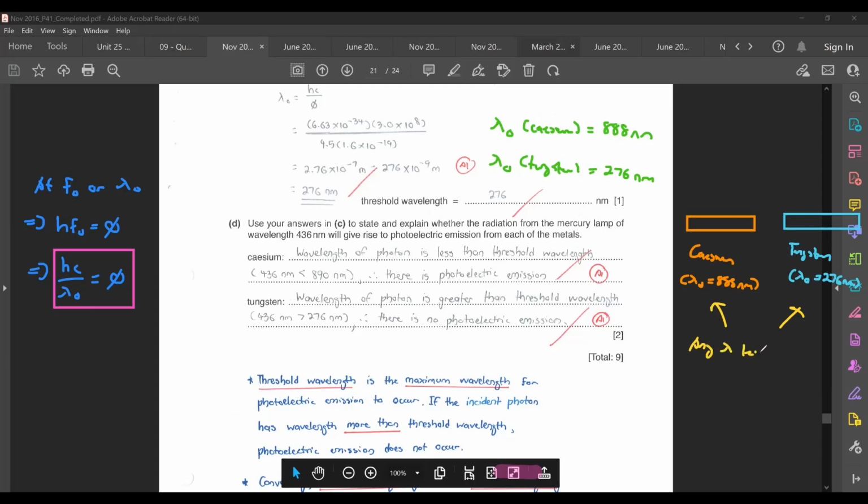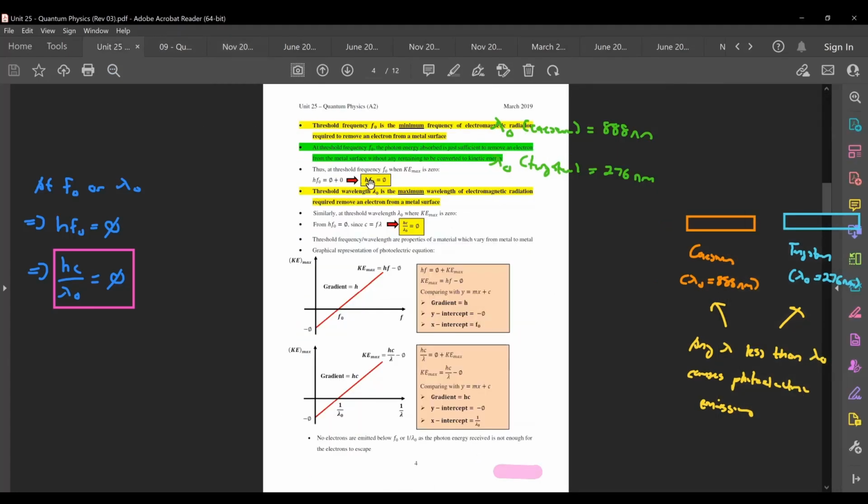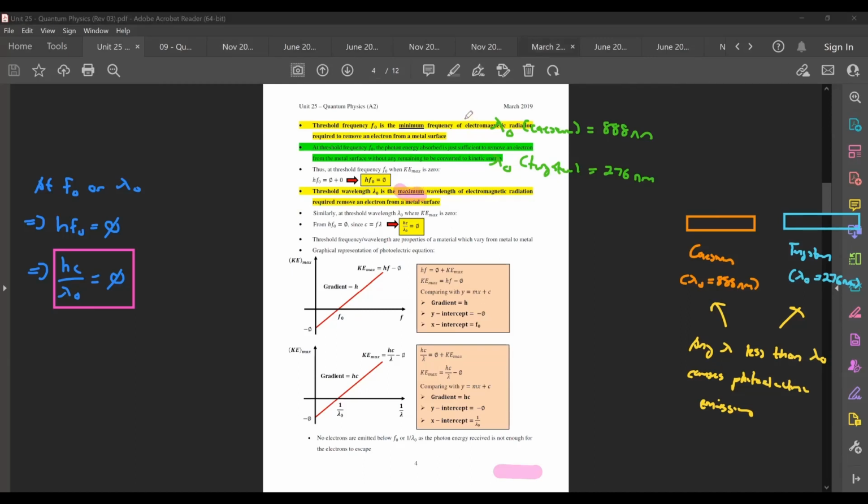So what you know is that any wavelength less than the threshold wavelength causes photoelectric emission. Remember how I told you in your notes, threshold wavelength is the maximum wavelength to cause photoelectric emission. Because it's maximum, you cannot go more than that. You need to go below that. That's the reason why it's called maximum.